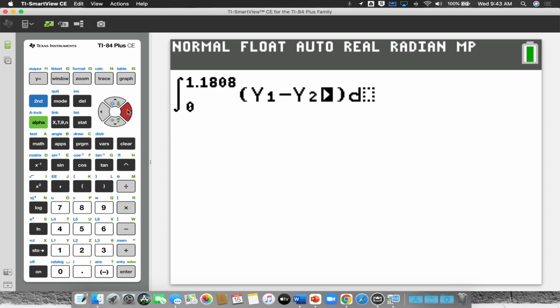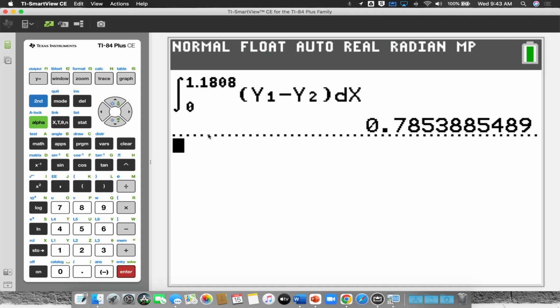You don't have to do it this way. You can, but if you're not going to do it this way, you have to plug in the whole thing, what f of x is, what y of x, just like you did to graph them. But this is a little bit easier. It takes less room for error. Hit enter, and there you go.